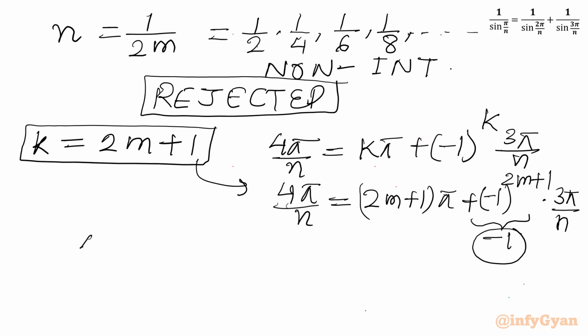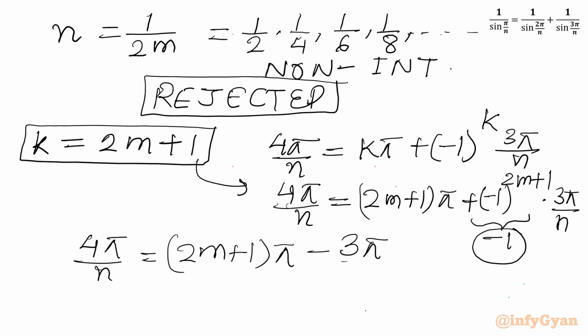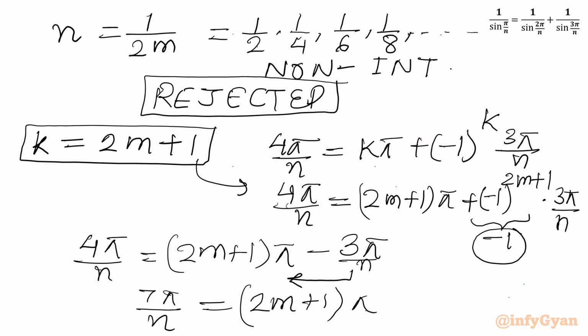So I can write 4 pi over n equal to 2m plus 1 times pi minus 3 pi over n. So I will take this term to the LHS, which gives us 7 pi over n equal to 2m plus 1 times pi.